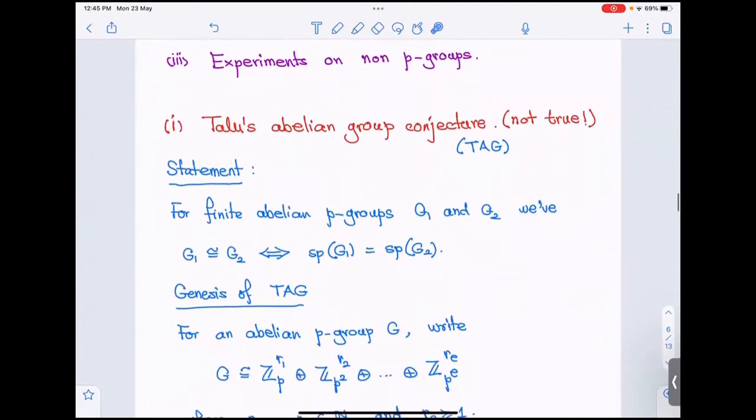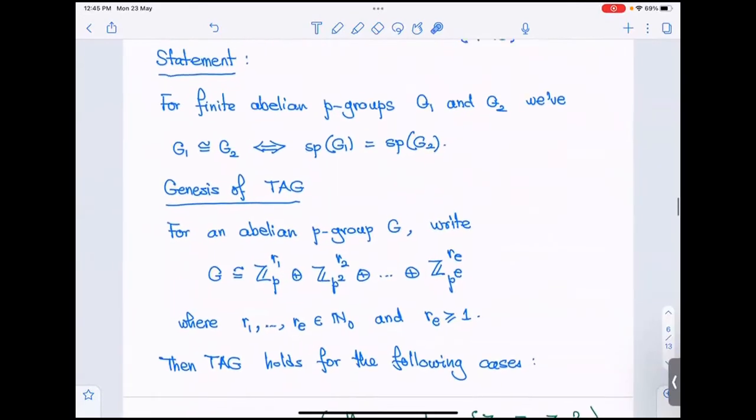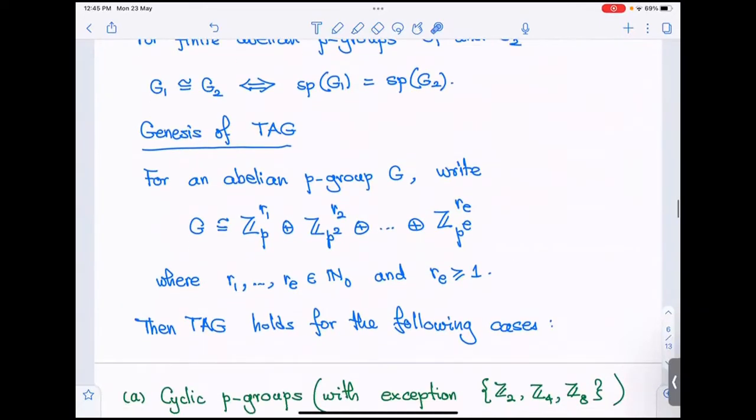There was a definite reason that this conjecture was coming up, and we almost expected it to hold. So here are the reasons. Let me just explain. If we have an abelian P group, let us write it down in the form of its primary decomposition, and I'll write it a little differently.